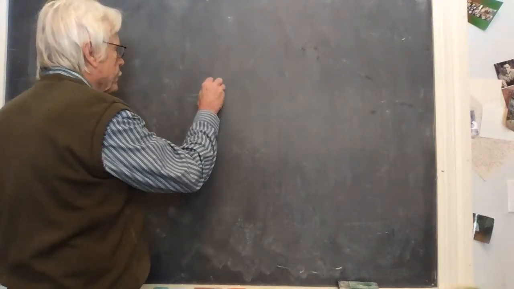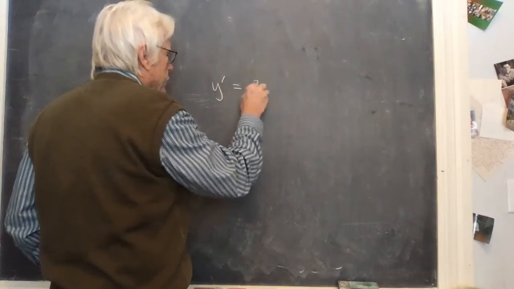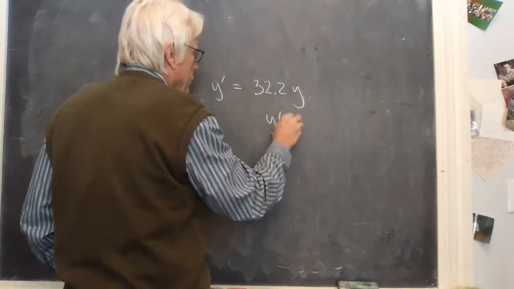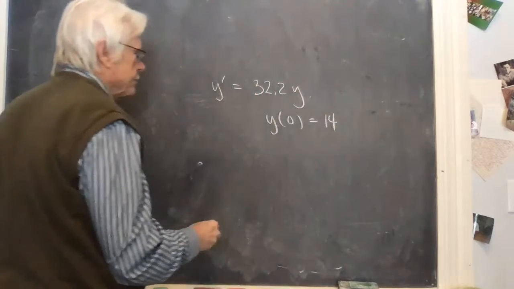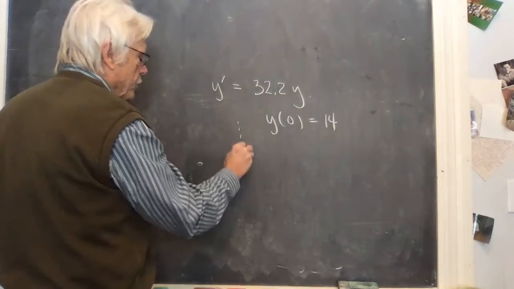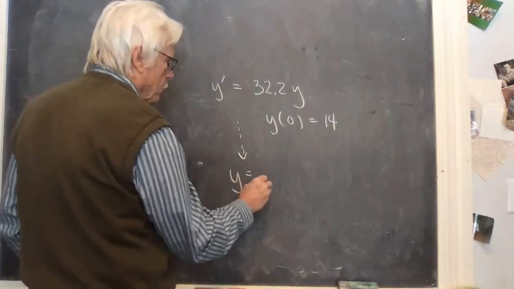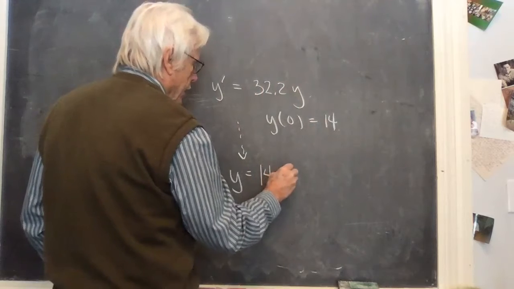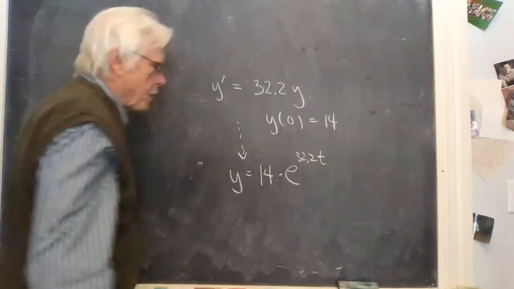So if we have something like y prime equals 32.2y, and you know that the population at time 0 is 14, then the solution to this is y equals the initial population, 14, times e to the 32.2t.